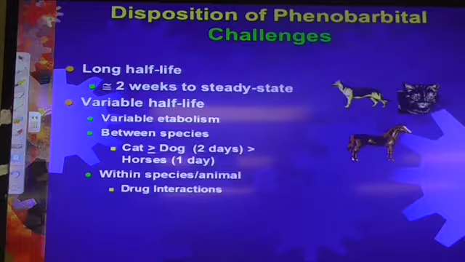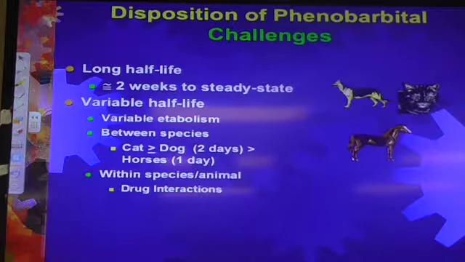All right. So phenobarb. We've already talked about the long half-life, variable metabolism. But I want you to understand that this 48 hours that we're going to agree on as our half-life of phenobarbital is markedly variable. It is, and I'm going to say disastrously variable in some animals. For example, if an animal's on phenobarbital and the half-life is 48 hours, what's going to happen to the half-life because of the phenobarbital itself? It will decrease.